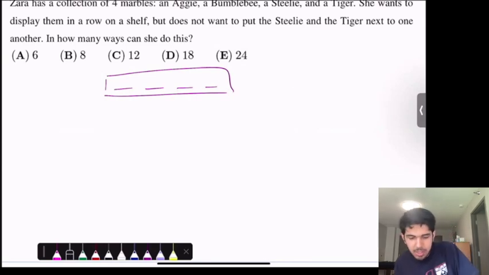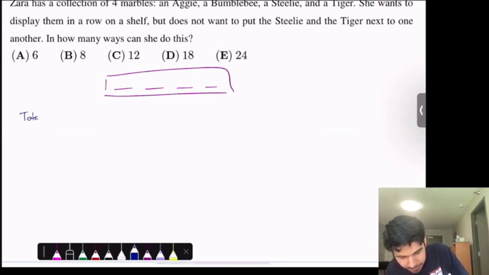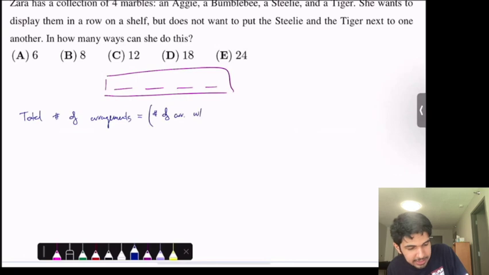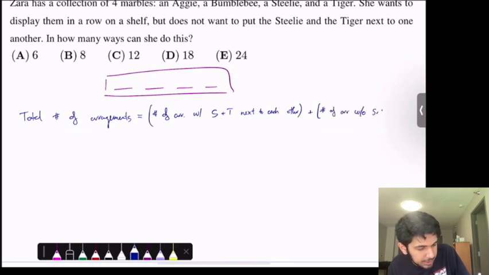Let's see. First observation. The total number of arrangements, without any constraints, is equal to the number of arrangements with the Steely and the Tiger next to each other plus the number of arrangements without the Steely and Tiger next to each other, right?